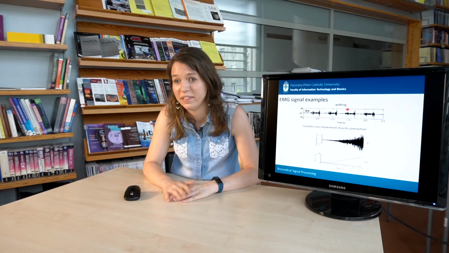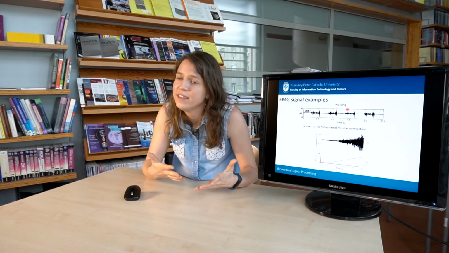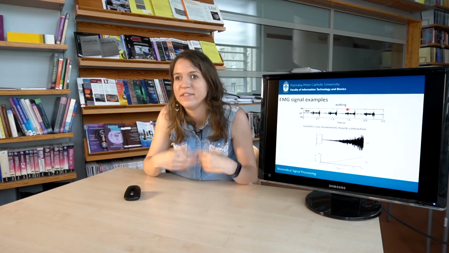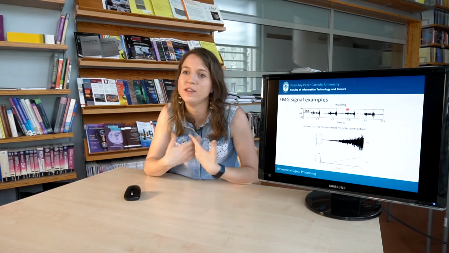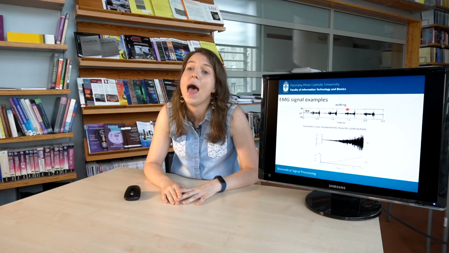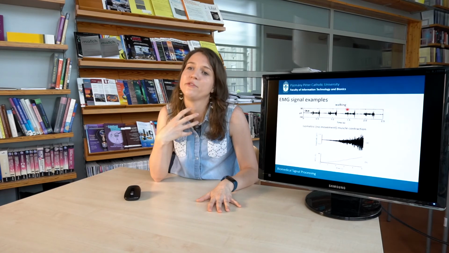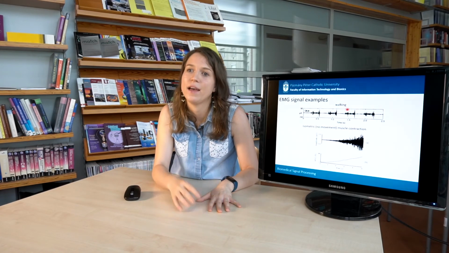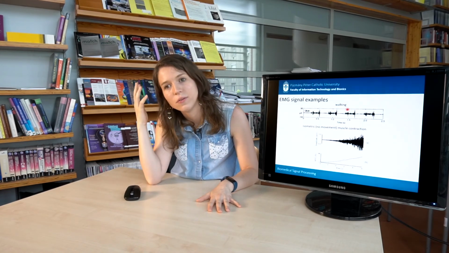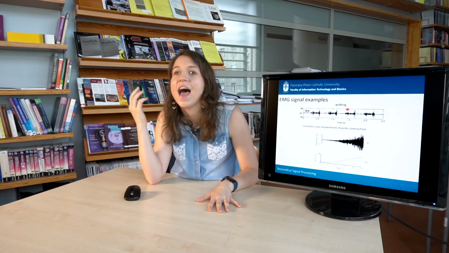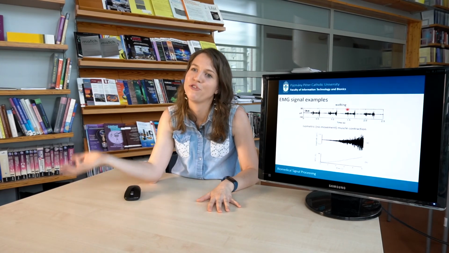Then we have seen how electricity is generated in our body, so how one cell is generating the electricity, what is electroneurography. And then we have seen what is electrocardiography, so electric signals from our heart. And then we have discussed how signals from our brain and from our muscles are emerging in the body.